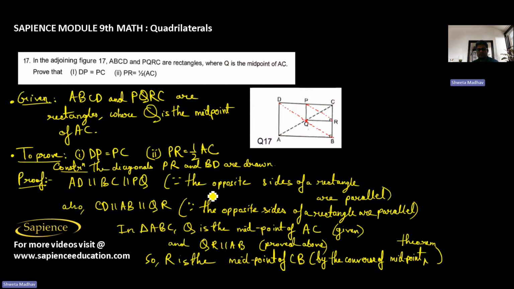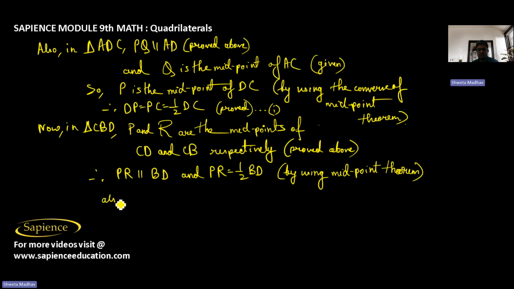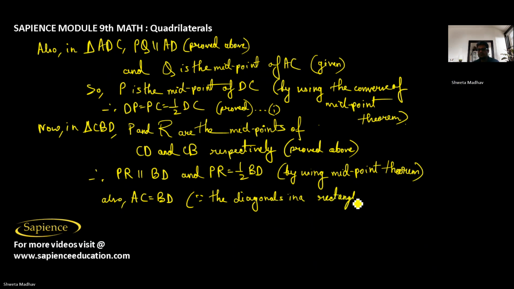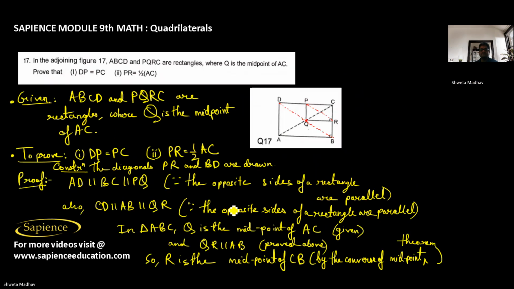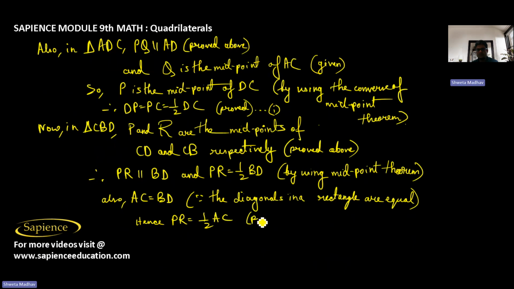And also we can say that AC equals BD, since the diagonals in a rectangle are equal. So hence we can say that PR is equal to half of AC also. So hence the second part has been proved.